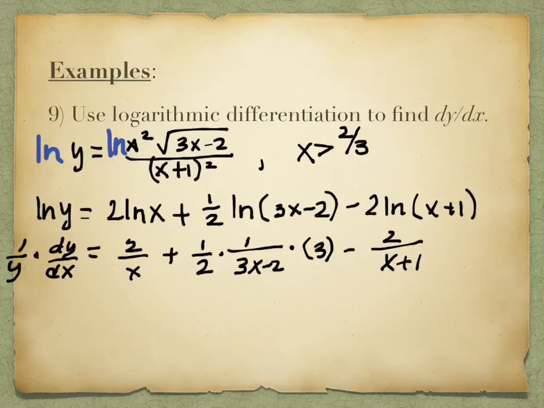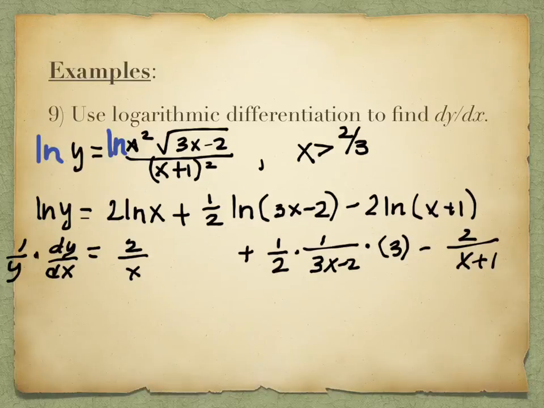All right, so let's start with the 2 over x. What will have to happen to the 2 over x? Multiply it by 3x minus 2 and x plus 1. Yeah, so I need to multiply by, can I leave the 2 put? I'm going to leave the 2 right here.